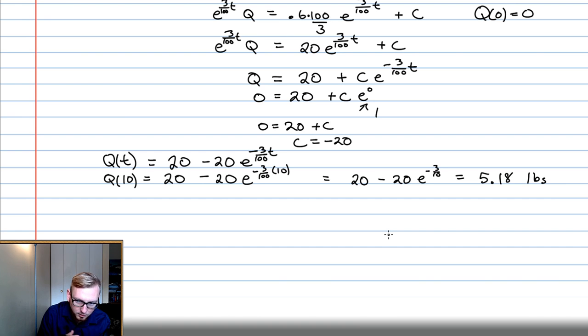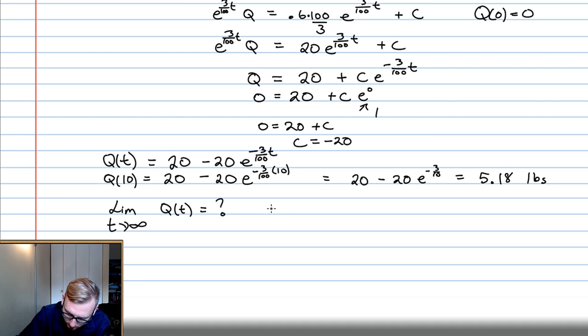What's the concentration? What's the amount? So the limit, as time goes to infinity, of our Q of t is what?